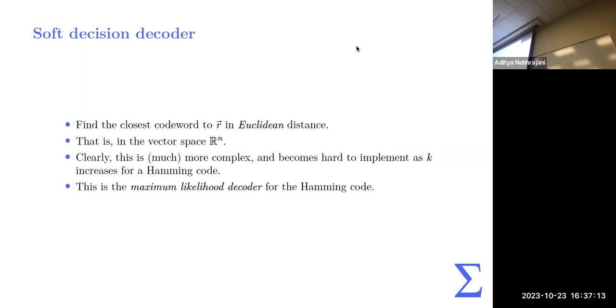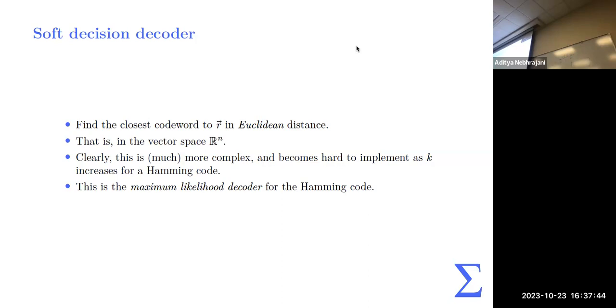And obviously this is much more complex, right? So going back to trying to implement some hardware, computing this stuff is not easy, because the most naive implementation of this is to compute the Euclidean distance of your received vector with every possible code word and then find the minimum. There are obviously much better ways to do this, but again, it's more complicated and it becomes hard to implement as you get larger and larger real spaces, with longer and longer codes.